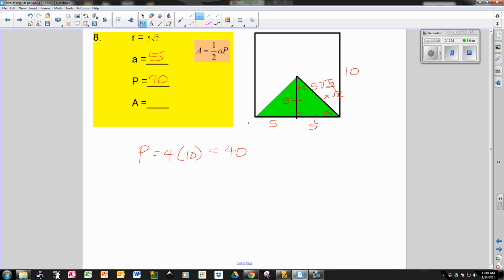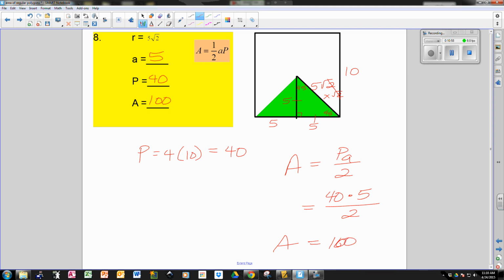So that makes this 40. Now, if I use my new formula, the area is perimeter times apothem over 2. Perimeter is 40 times the apothem, 5, divided by 2. So 40 times 5 is 200. 200 divided by 2 is 100, so the area is 100. Oh, that's an ugly 100.